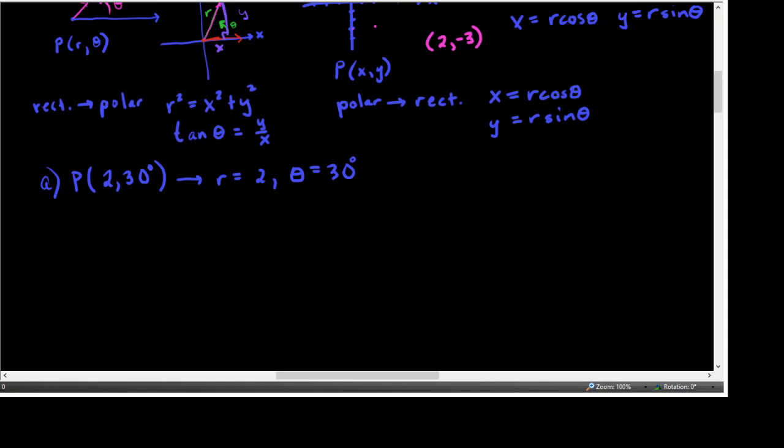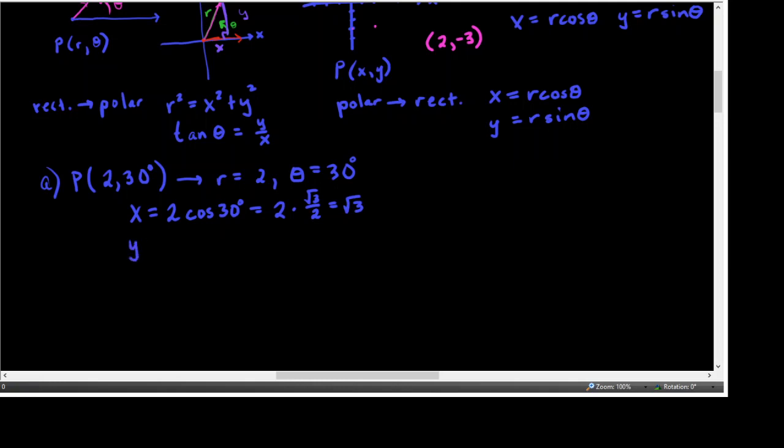They're both used at different times, so get used to that. All right, so we're going from polar to rectangular, so I'm going to use the two equations on the right side. So x will be r cosine of theta, and cosine of 30 degrees is square root of 3 over 2, which simplifies to be square root of 3.